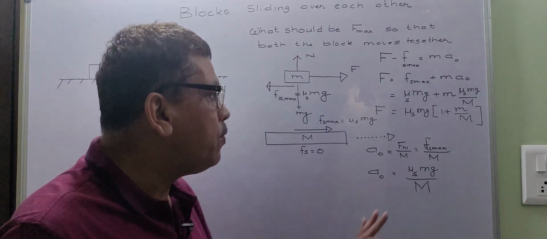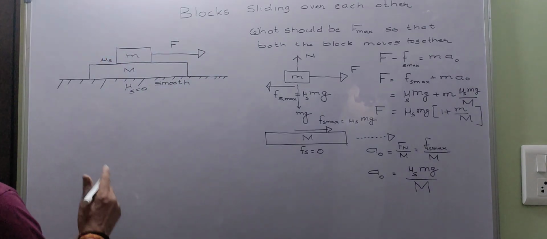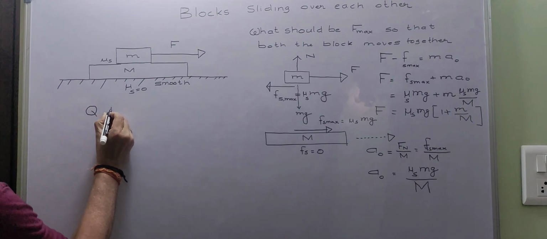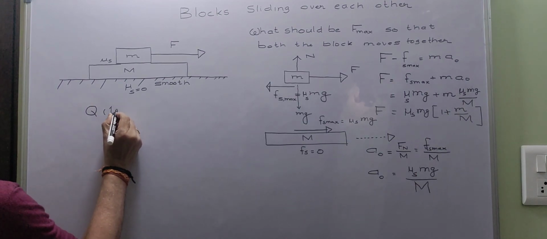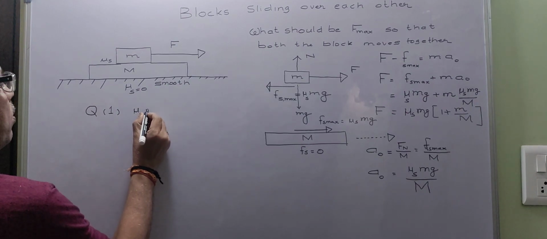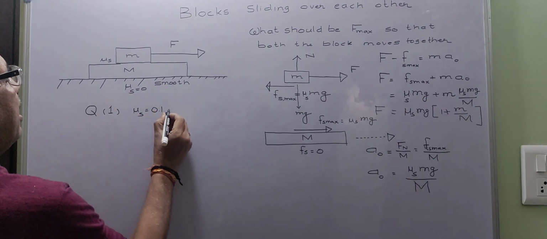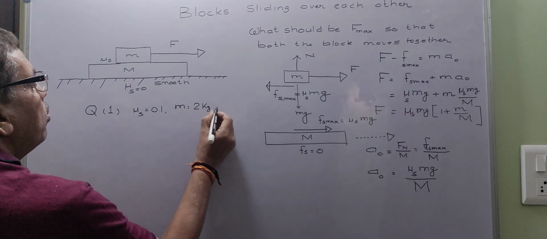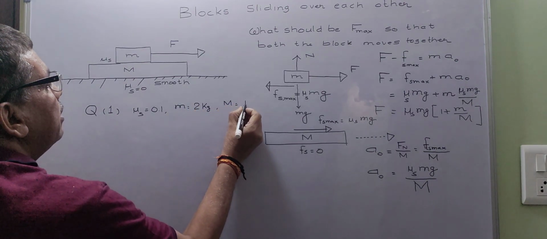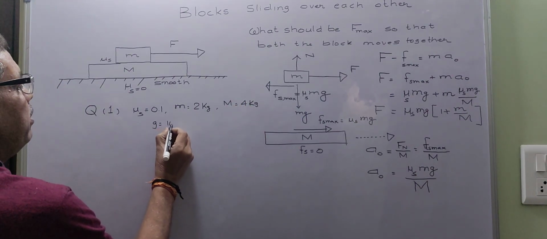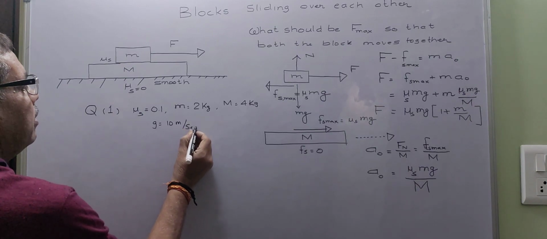Is it? Now let us take some numerical value here, question 1. Let us take mu s as 0.1, smaller m as 2 kg, bigger block as 4 kg, and g as 10 meter per second square.